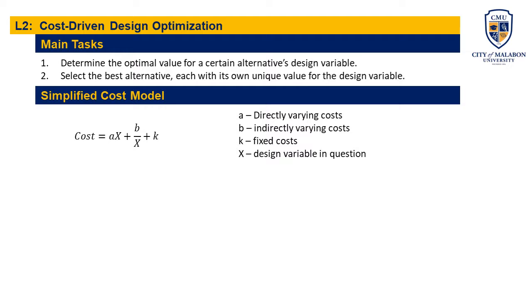A simplified format of the cost model with one design variable is shown in this formula. That is, cost is equal to A times X plus B over X plus K, where A is the direct varying cost, B is the indirectly varying costs, K are fixed costs, and X is the design variable in question.